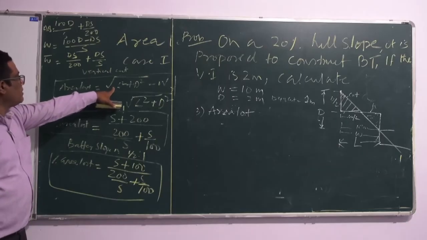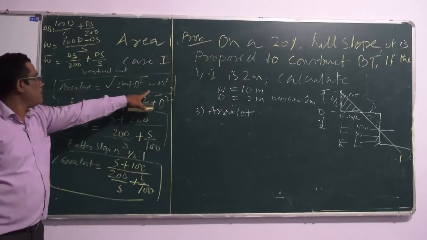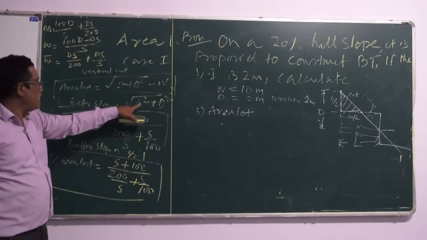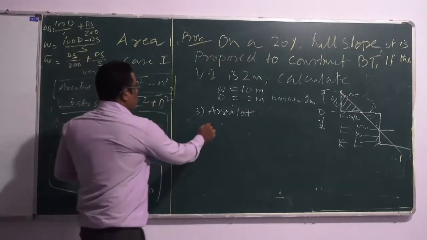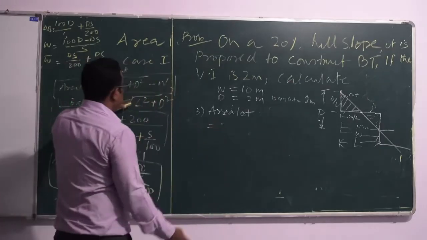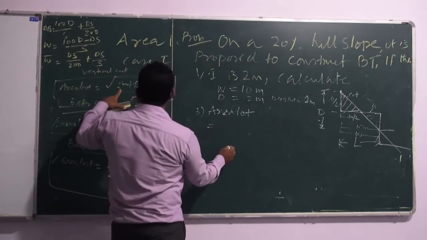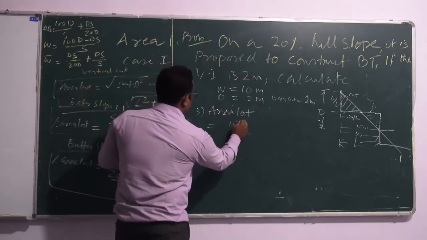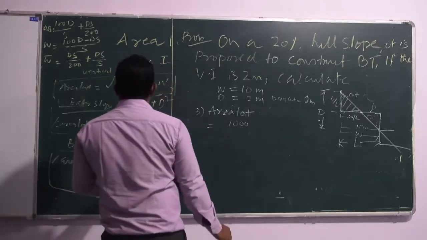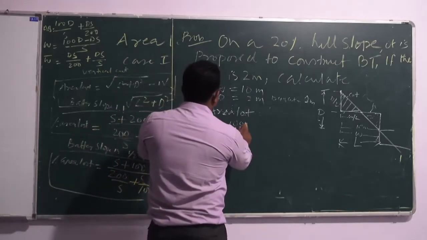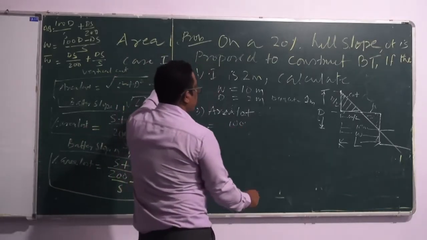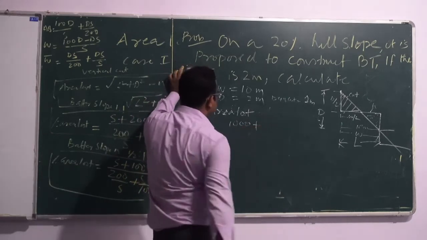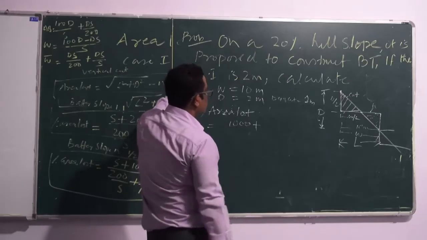Percentage area loss would be square root of L square plus D square, minus W, divided by square root of L square plus D square. This will be L square. How much is L? Plus D square, what is D?